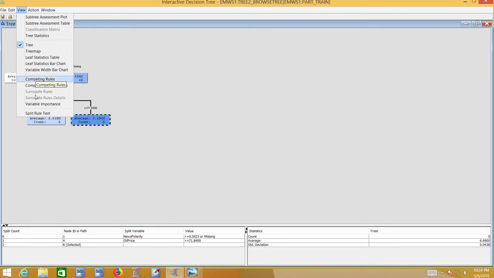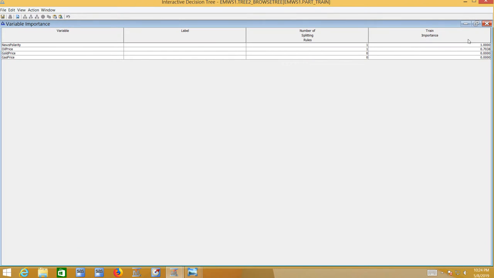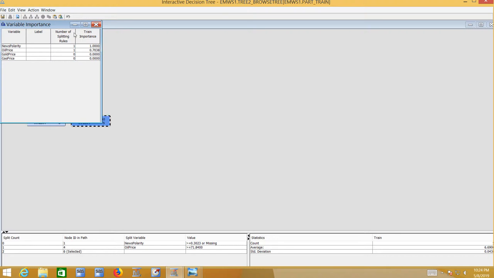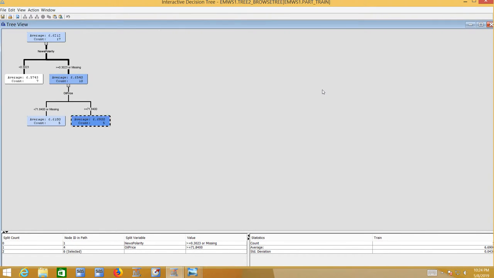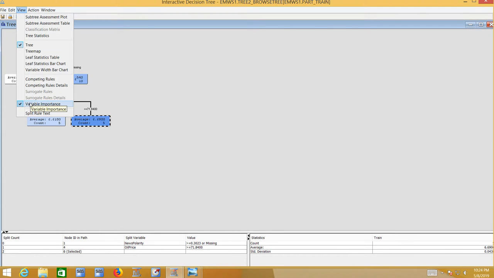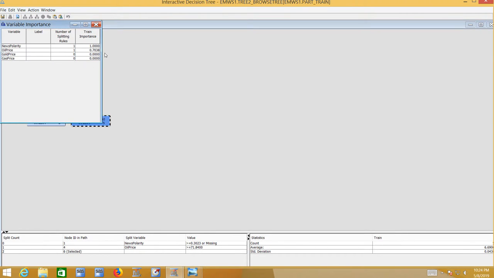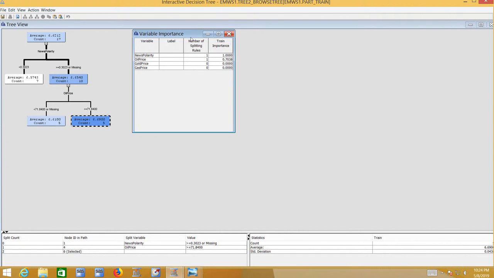If I see the variable importance part, I can have this nice table here. So what do we infer from this graph and from this decision tree model?